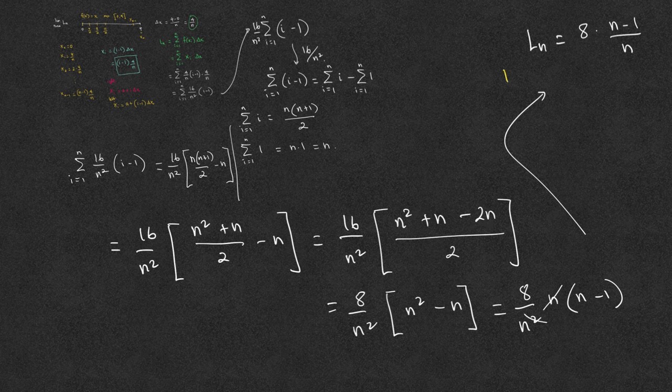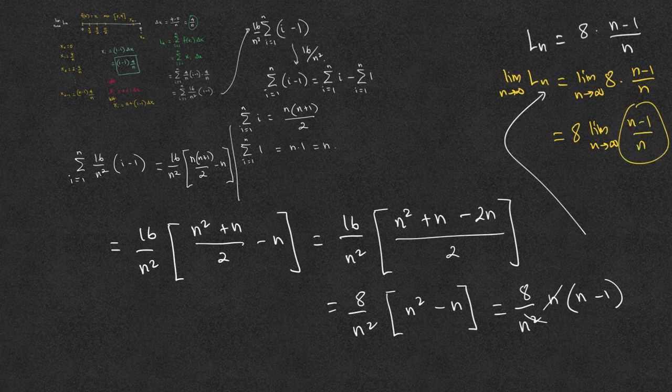As n goes to infinity, the limit of L sub n is the limit of 8 times n minus 1 over n. We can bring out the 8 in front of the limit. The limit as n goes to infinity of n minus 1 over n is 1. So we see that the answer is 8.